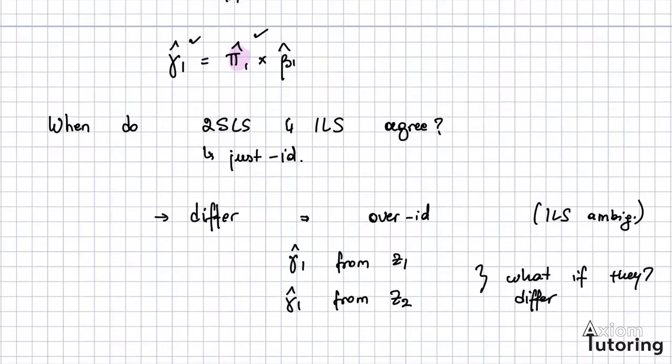Which ratio should you be using? So ILS doesn't have a clean answer in the over-identified case, while 2SLS does because it optimally combines all the instruments to produce a single efficient estimate. This is why 2SLS is the standard method, while ILS is useful for intuition and transparency in just identified cases. But again, 2SLS is very powerful and generalizes correctly to over-identification, while ILS does not, okay?